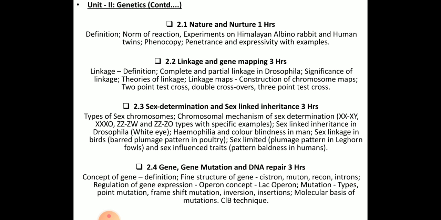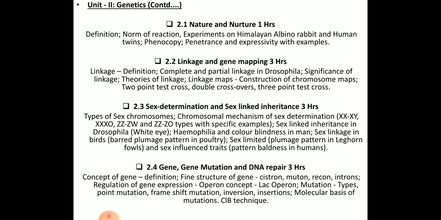Here Drosophila has different characteristics for a single organ. For example, Drosophila has white eye, red eye, yellow eye. So why does the structure of the eye differ with genetic variation? That we'll be studying here. And along with that, hemophilia and color blindness in man.